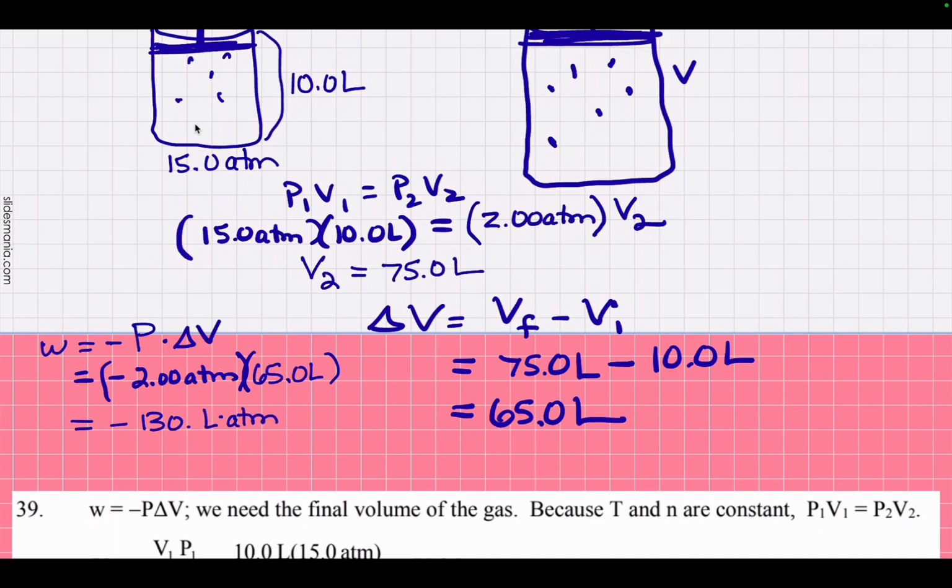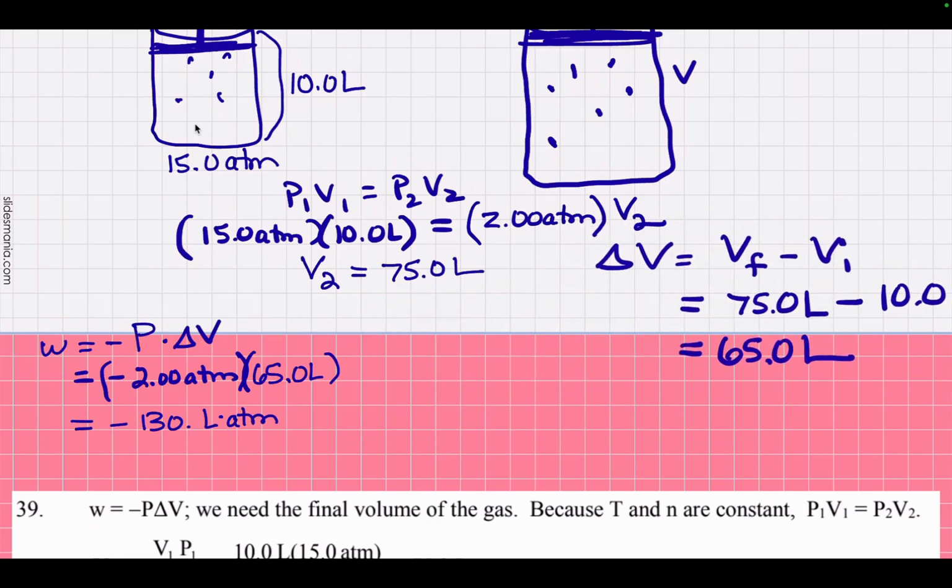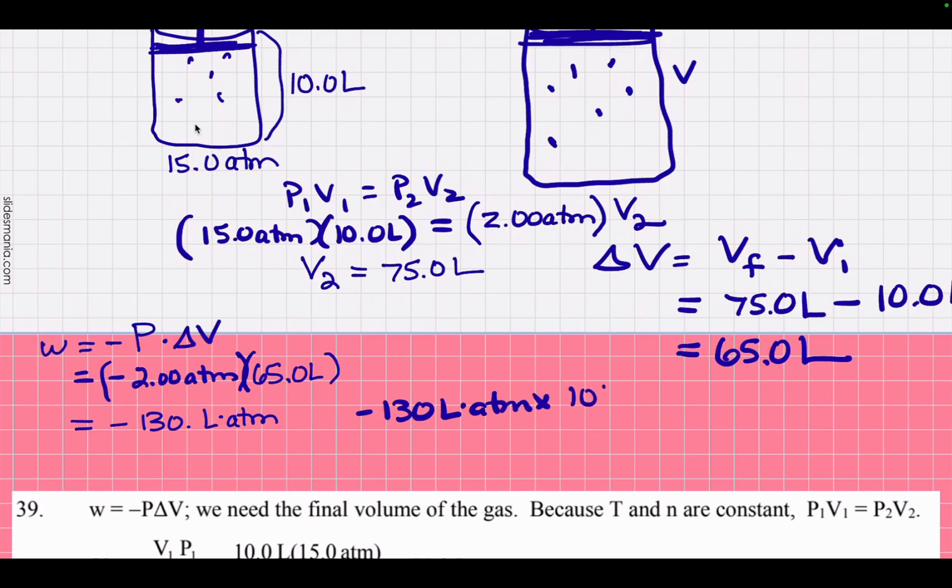And that's the unit now we're going to want to convert to kilojoule. So I'm going to move some of this. Let me get this volume out of here. So I'm going to take the negative 130 liter atmosphere, and I'm going to multiply by that conversion factor that I gave you. 101.3 joules equals 1 liter atmosphere.